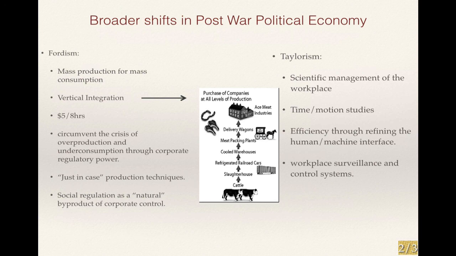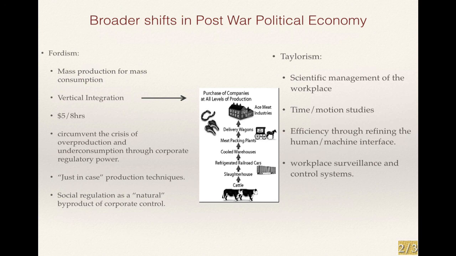Production is vertically integrated, so one company makes everything in the case of motor cars, from the rubber in the tires to the plastics in the dashboard and so on and so forth. There is a minimum wage, which in those days is relatively speaking fairly generous. Workers are given 8-hour workdays, with the idea of turning producers into consumers.